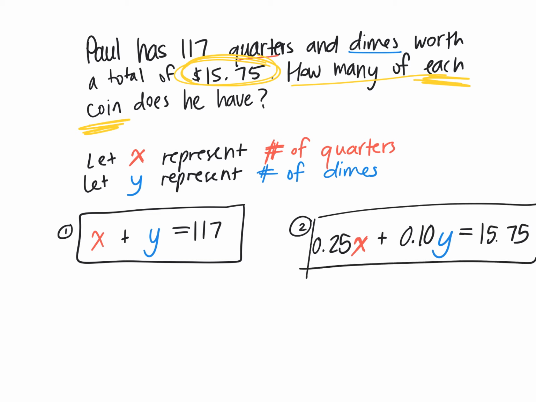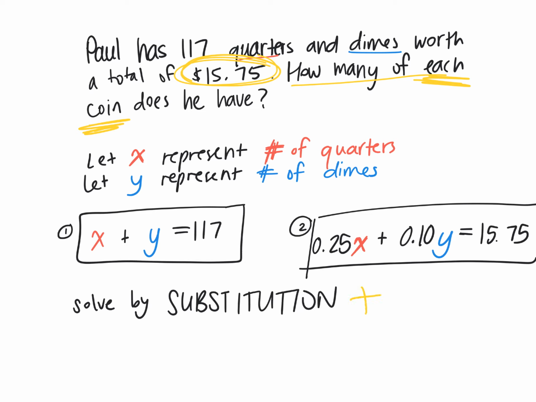Now that you've come up with the two equations, we can solve by elimination or by substitution. Do you remember this? Let's solve this by substitution. Okay, this is on your exam. Do you remember how to solve by substitution? So the first step is you have to rearrange one of the equations to isolate a variable.